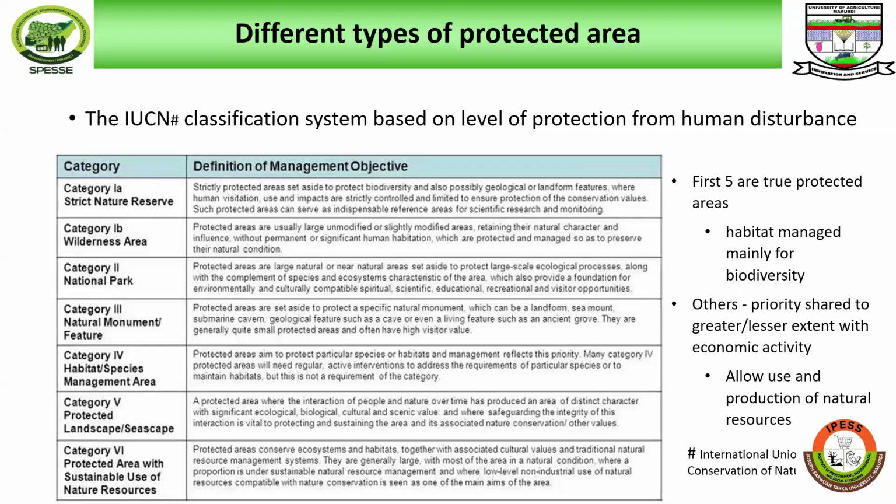Protected areas are large natural or near natural areas set aside to protect large-scale ecological processes along with the complement of species and ecosystems characteristic of the area. And they also provide a foundation for environmentally and culturally compatible spiritual, scientific, recreational, and visitor opportunities.